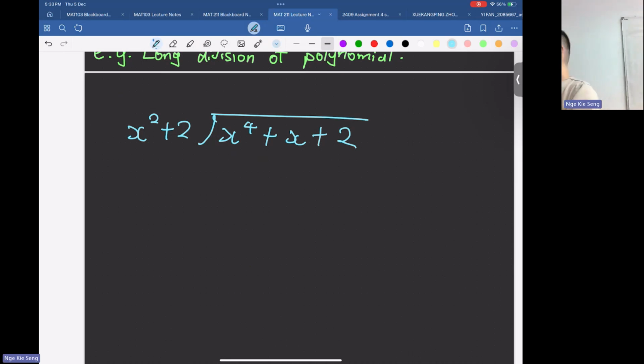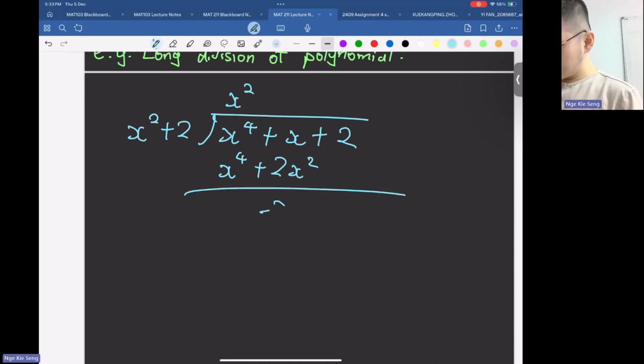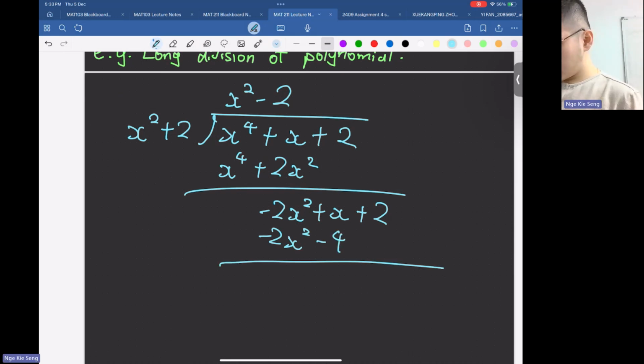Do you know how to do this? You multiply x squared so that you get the first term, to cancel. And then you want to cancel out this term again, so you multiply by 2. And then what do you have left? x plus 6.